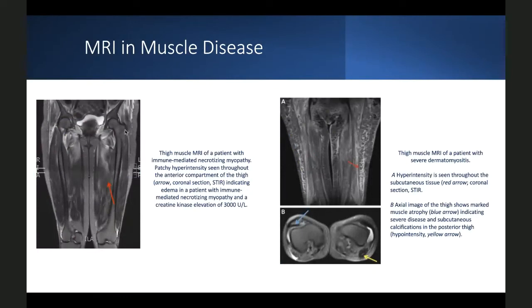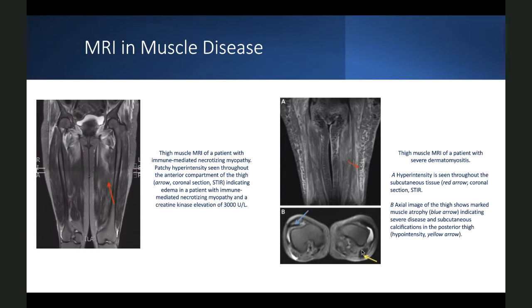So this is just a close-up picture for all of these. In immune-mediated necrotizing myopathy, you see hyperintensity throughout the signal in the STIR. And as I said earlier, these patients will have a CK elevation of more than 1,000, up to even 10,000.